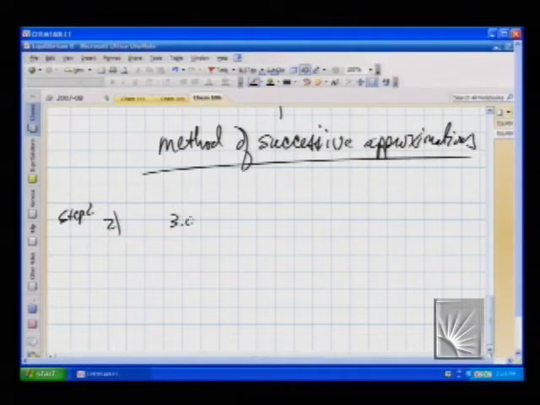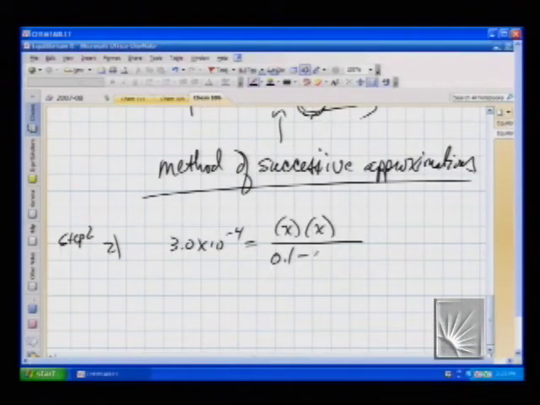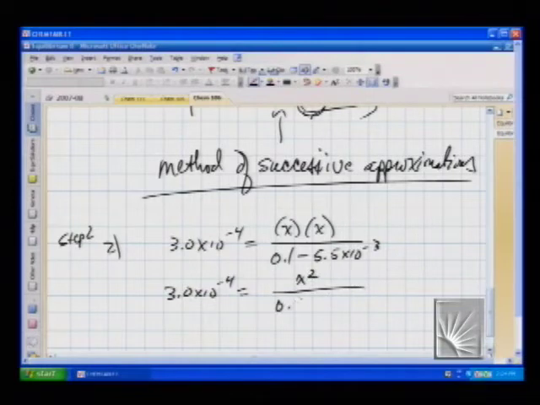3.0 times 10 to the minus 4 is equal to x times x over 0.1 minus 5.5 times 10 to the negative 3. So 3.0 times 10 to the minus 4 equals x squared over 0.0945, right?